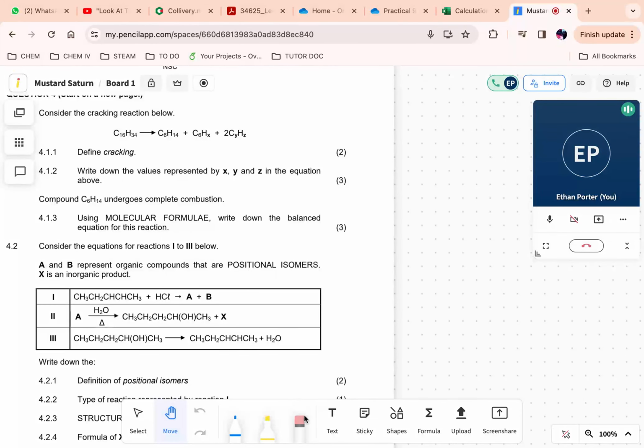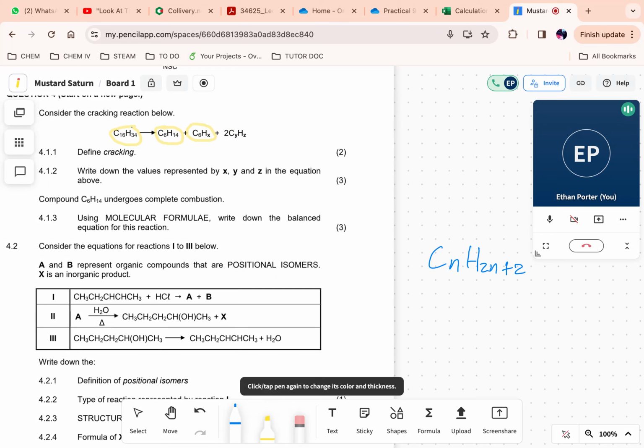We remember that the formula for an alkane is CnH2n+2. As we can see here, we had 16. 16 times 2 is 32, plus 2 is 34. So this one here is definitely an alkane. And this is also an alkane because 6 times 2 is 12 plus 2 is 14. So we'll just assume this is an alkane.